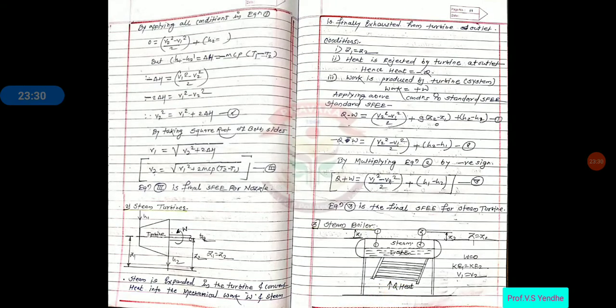Then again Z1 is equal to Z2, as the inlet height is equal to the outlet height. Then heat is rejected to the air due to friction, that's why Q is equal to minus Q. Then no changes in KE of the air, so V1 is equal to V2.